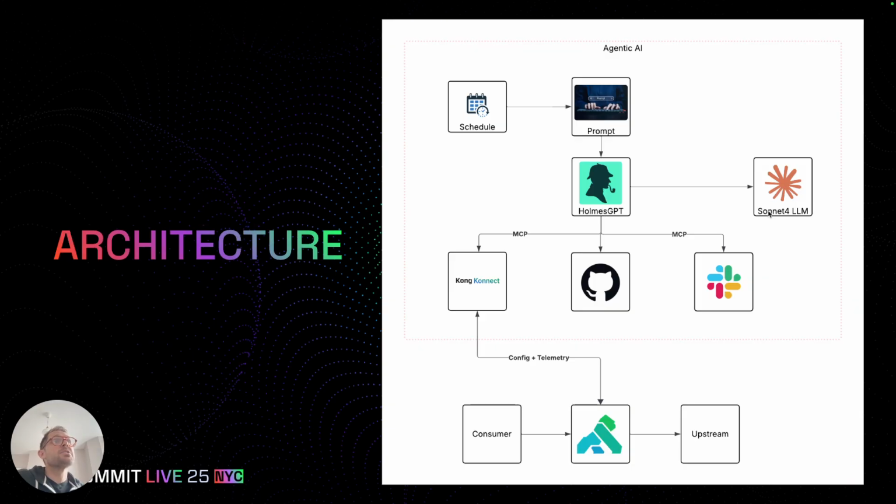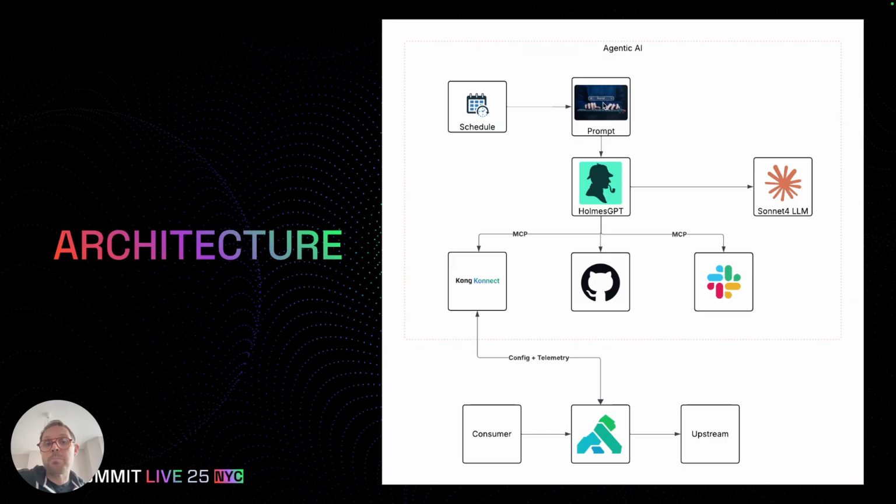It is linked to an LLM from Anthropic using Sonnet 4, which has been giving the best results. 2 MCP servers, as already mentioned, a Kong Connect MCP server and a Slack MCP server, and then some internal capabilities of being able to work with version control, so with Git, and in this hackathon, I'm using GitHub.